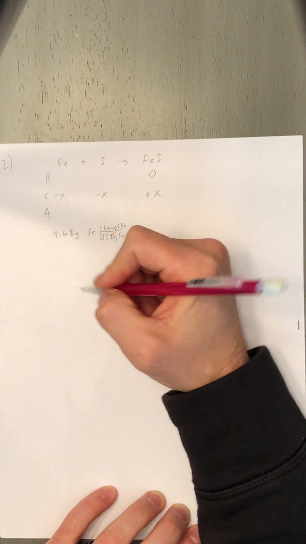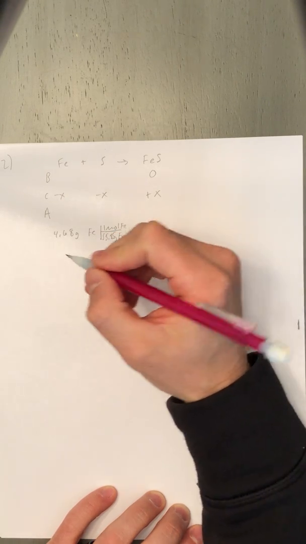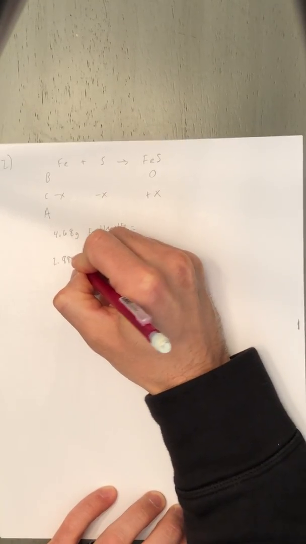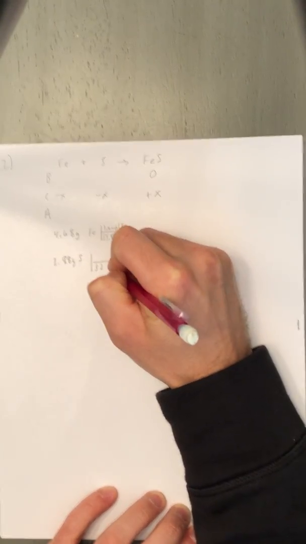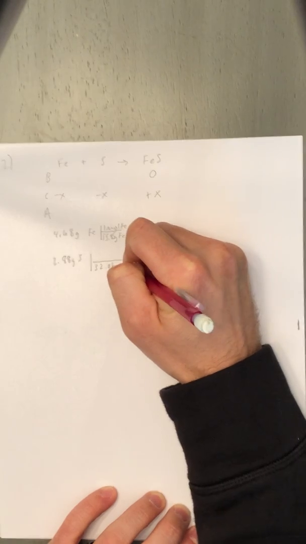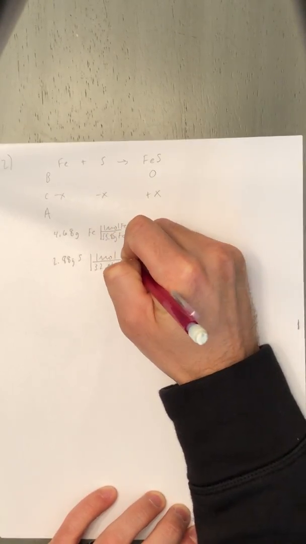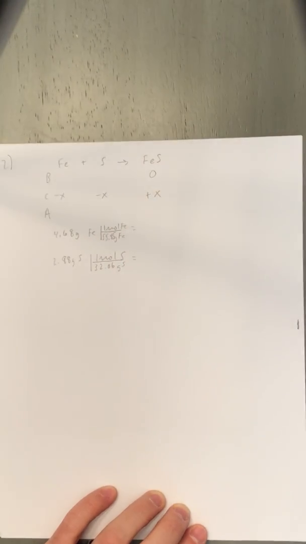And then we're gonna do the same thing for sulfur. I'll go ahead and write it now just to save time. And so we can solve for the moles there.